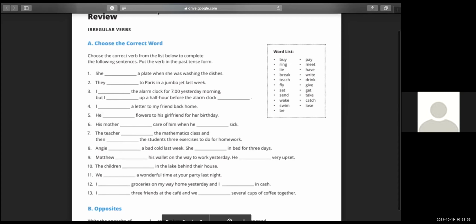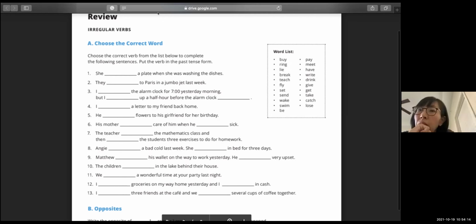Number 4: a letter to my friend back home. I give, past gave.